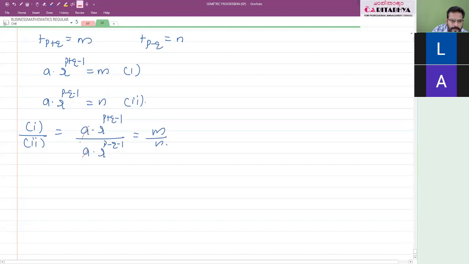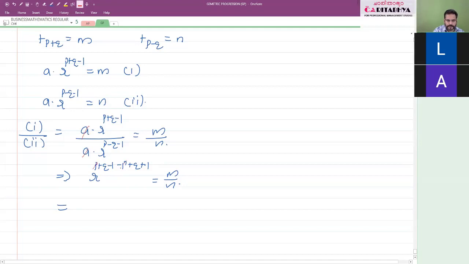Okay. a gets cancelled. So r raised to P plus Q minus 1 minus P plus Q plus 1, applying the property of indices, is equal to M by N. Simplify now.